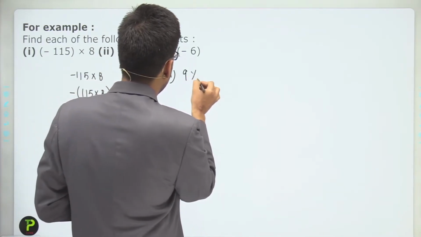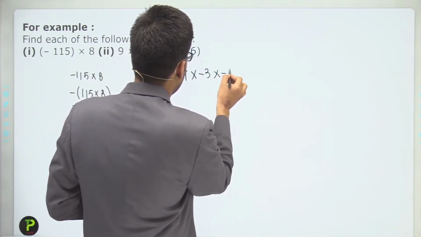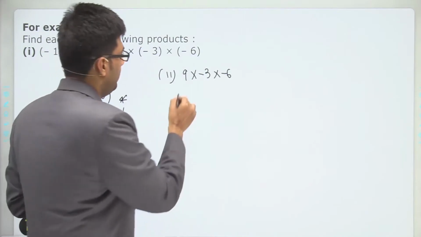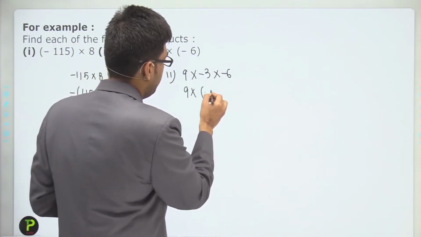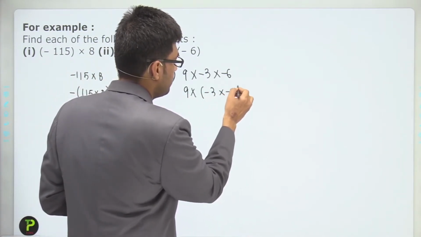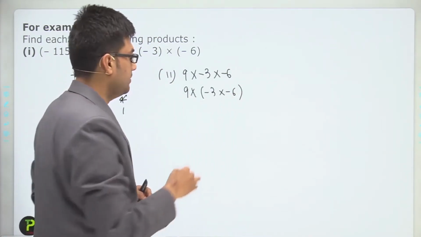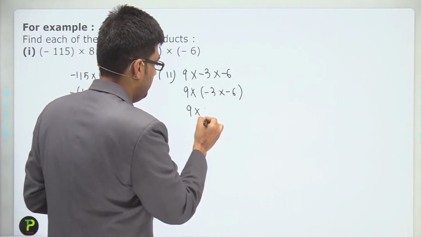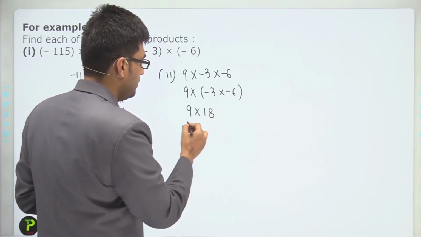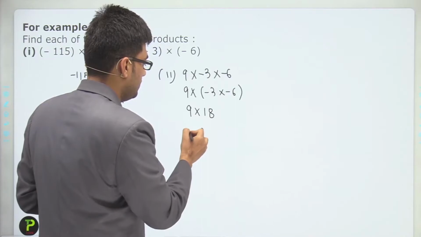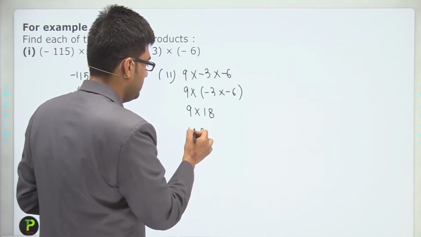The next is 9 multiplied by minus 3 multiplied by minus 6. So we can write it as 9 multiplied by minus 3 multiplied by minus 6. And minus 3 multiplied by minus 6 is what? It is positive 18. So now it is 162.